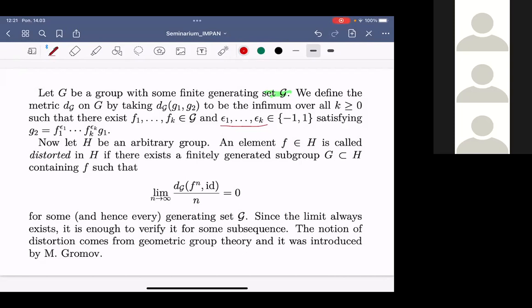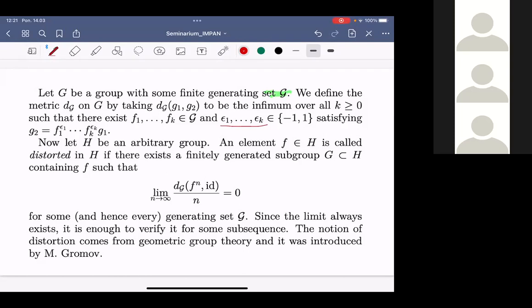Okay, so in the case when g_1 is equal to the identity, this formula just says that g_2 could be expressed as a word in the alphabet of this generating set G by k elements.